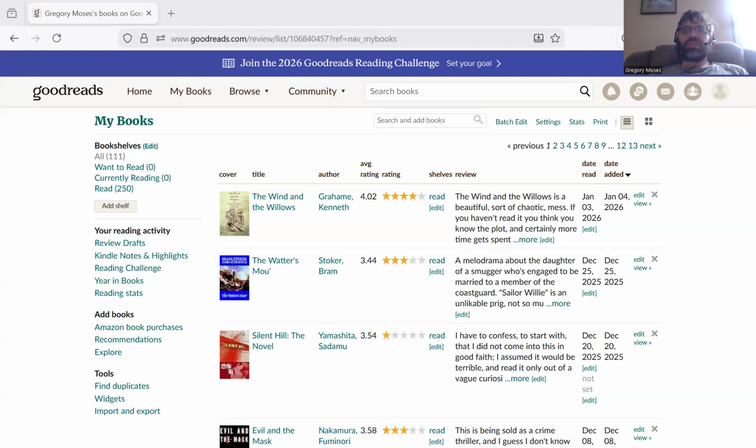So you might be familiar with Goodreads. It's a site that lets you log books and review books and do some other stuff, but I just use it basically as a reading diary. And Goodreads lets you view your reading stats. So we've just finished 2025.